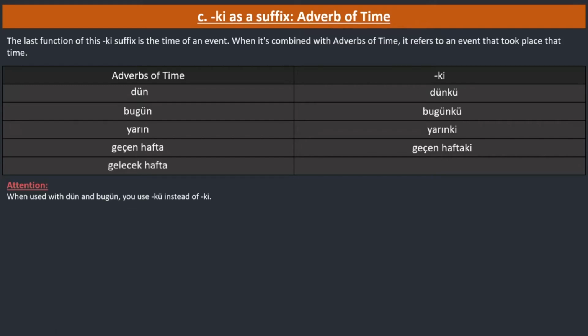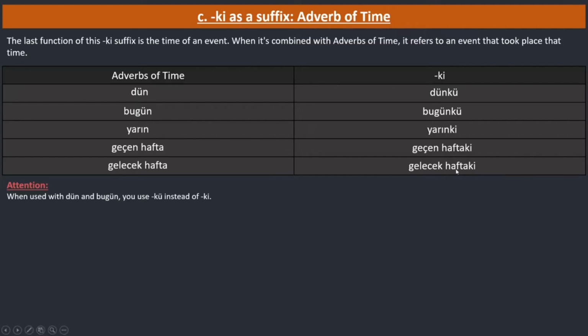Gelecek hafta, gelecek haftaki. Gelecek, in this context, doesn't mean future. You may see it as a future, but in this context, it's like next week. Gelecek hafta, gelecek ay, next month, gelecek yıl, next year, gelecek haftaki.